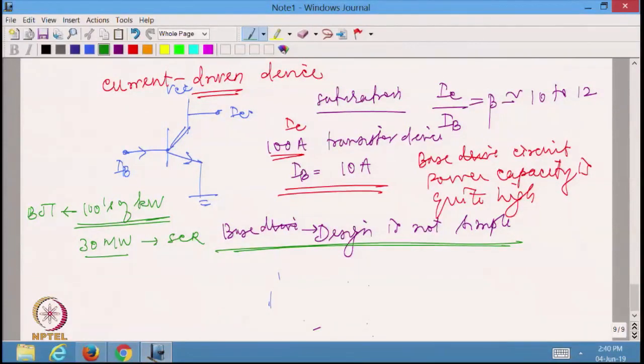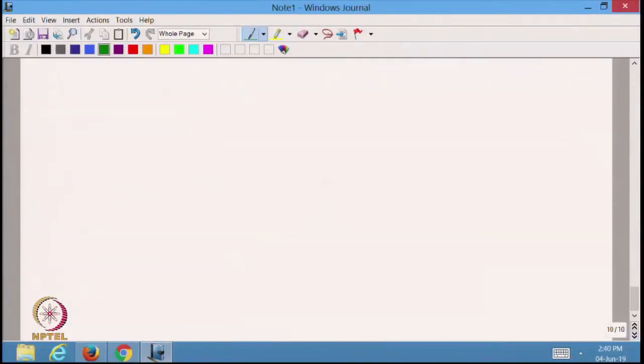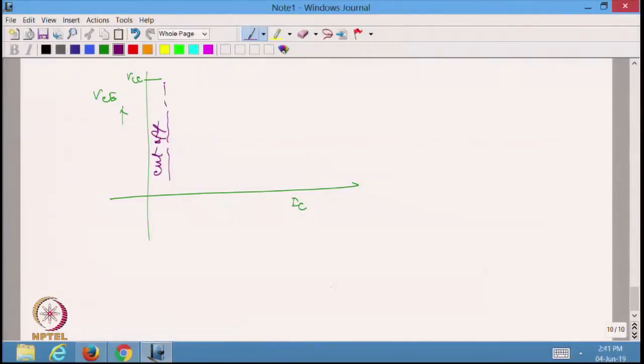And if I actually look at the normal transfer characteristics of the transistor, I am going to have VCE on one side and IC on the other side. So, I am normally going to see that VCE is equal to VCC itself when the device is in the cutoff region. So, this is the cutoff region, right.